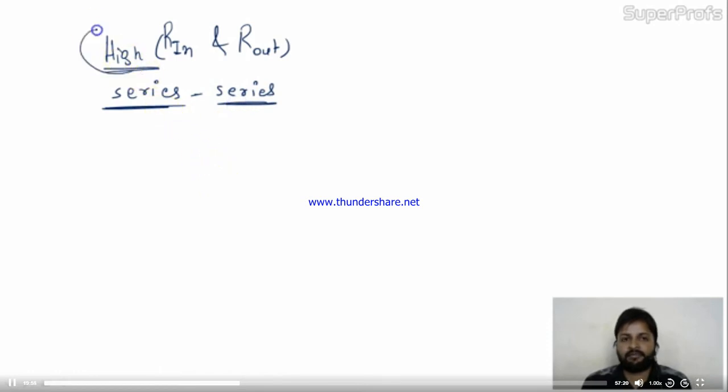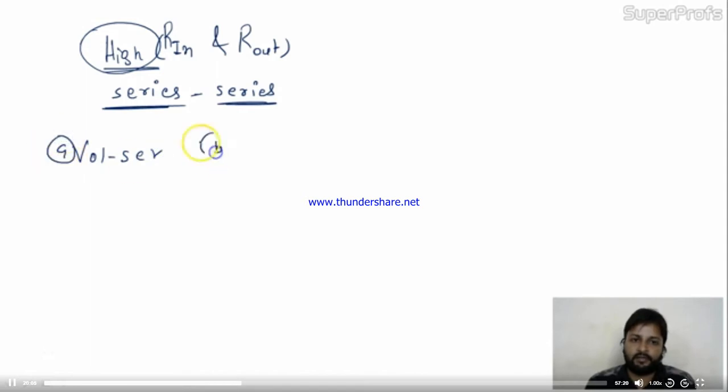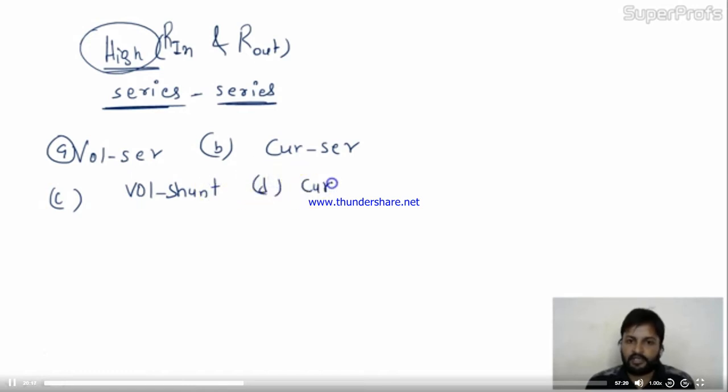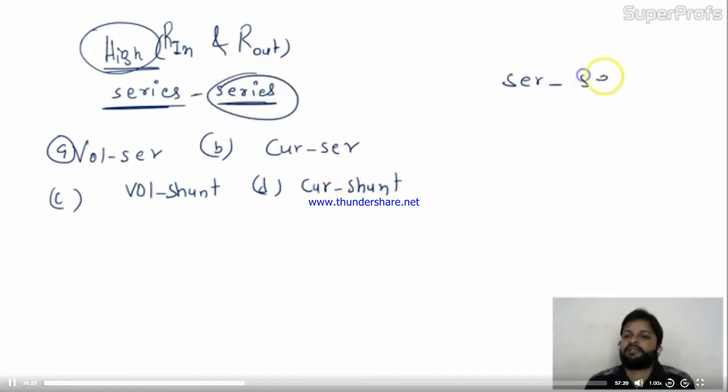In the series both will be high, we have seen. But the options are given: voltage series, option A. Option B is given current series. Option C is given voltage shunt. And the last option is current shunt. So friends, you identify that this is series.